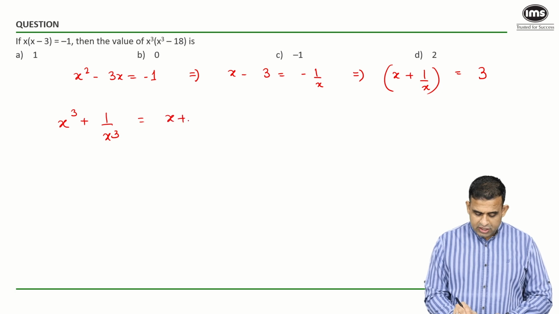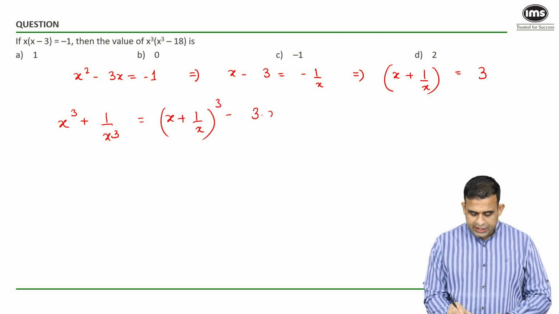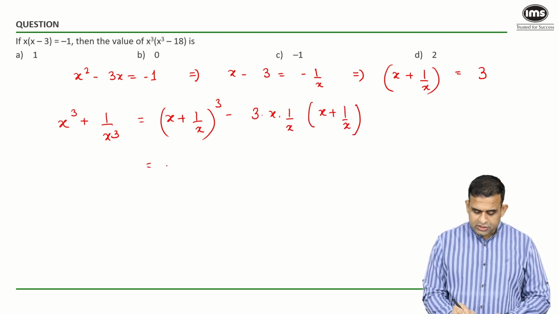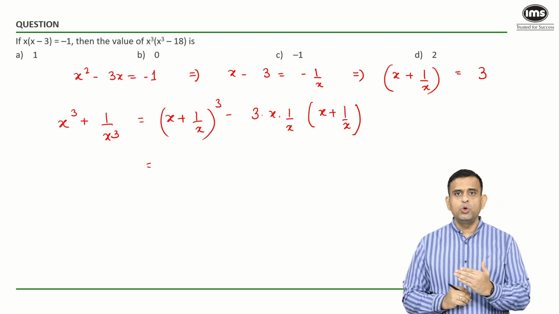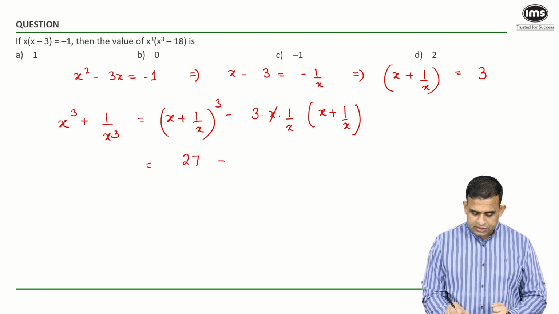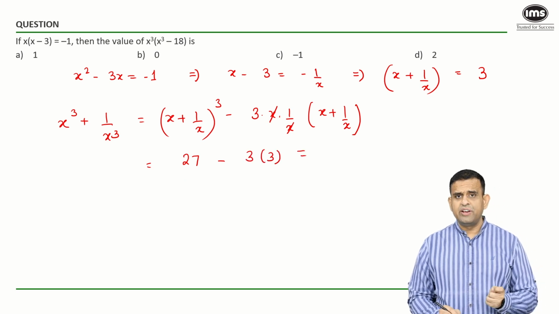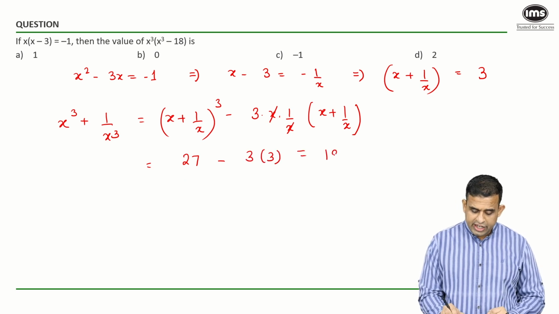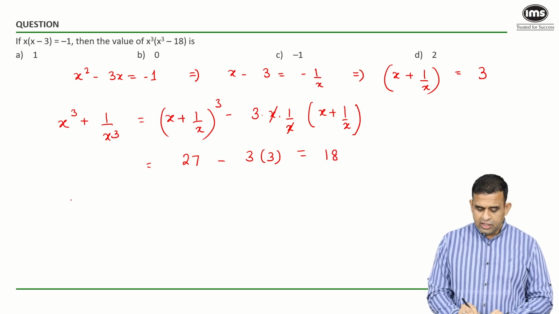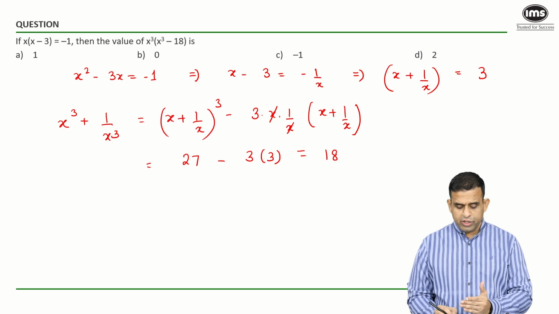So x plus 1 over x whole cube minus 3 into x into 1 by x times x plus 1 over x. And the term x plus 1 upon x is known to us as the number 3. So 3 cube becomes 27 minus 3 times 3. This part becomes 27 minus 9, giving you 18. So what do we have over here? If I simplify, x cube plus 1 upon x cube equals 18.